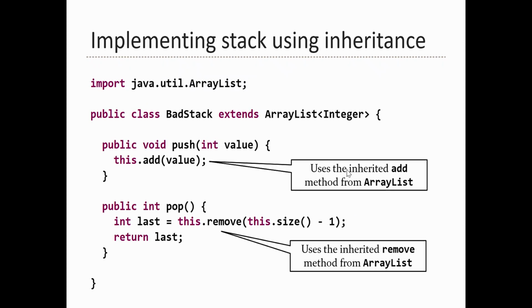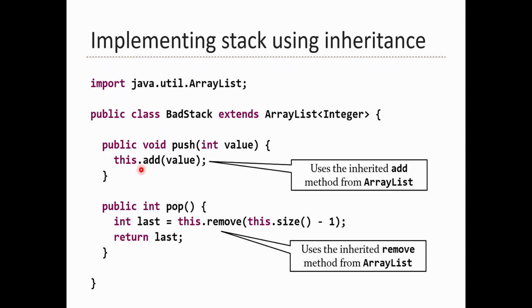Now I need to add a push and pop method. So how do I push an element onto a stack? Well, I add an element to the end of the list. But BadStack is a list. That's what extends means. It really is a list. So that means BadStack has an add method, because list has an add method. What does add do? It adds the element to the end of the list.